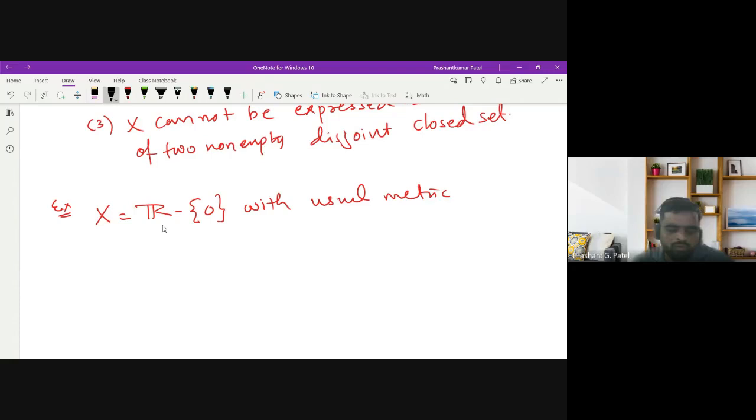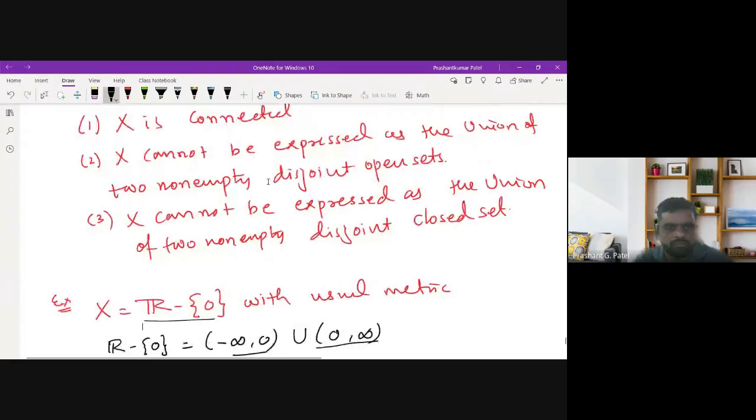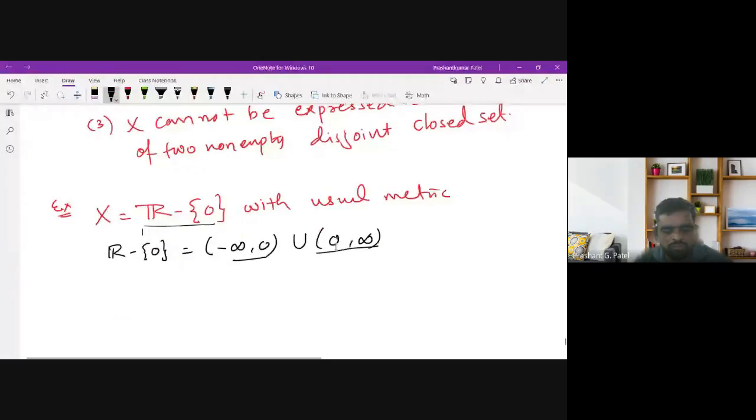Can you give me a separation of that? That is minus infinity to 0 union 0 to infinity. Both of them are open subsets of this set. As per the said theorem, it is disconnected, so it can be expressed as a union of non-empty disjoint open sets.